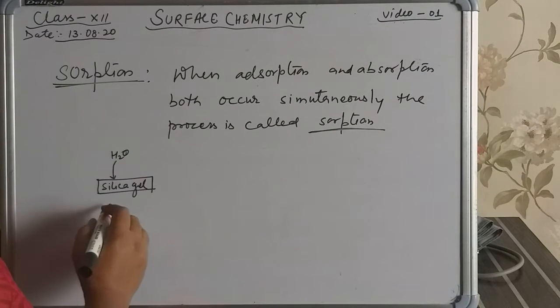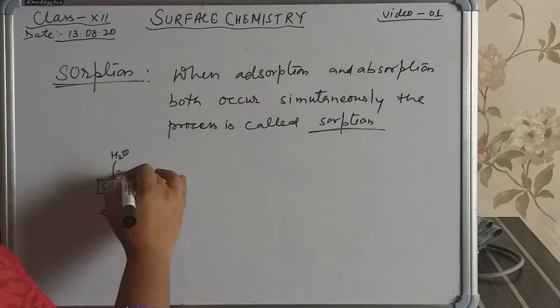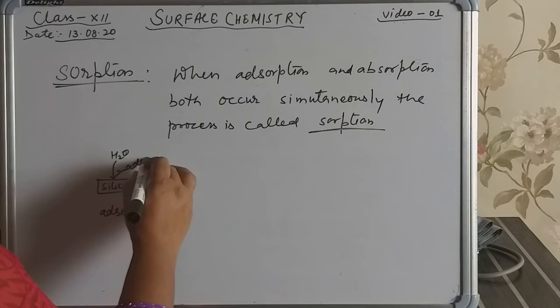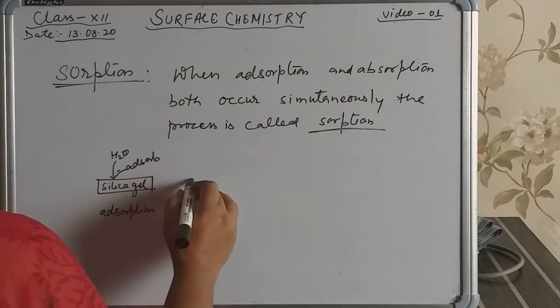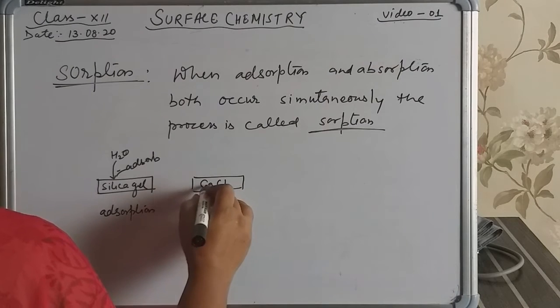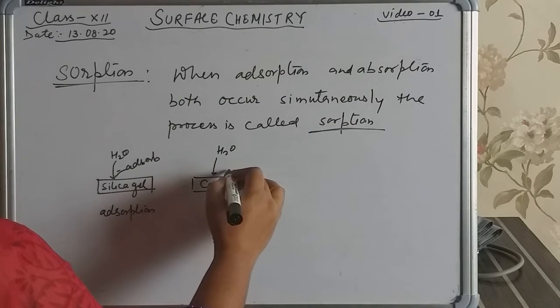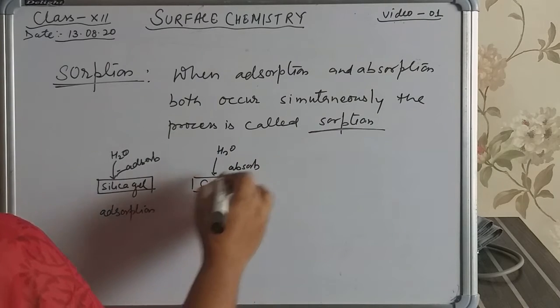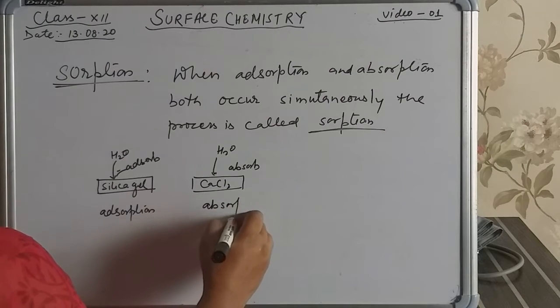So this is an example of adsorption, because it adsorbs the moisture at its surface. Suppose we have calcium chloride. We know that this absorbs moisture. So this is the process of absorption.